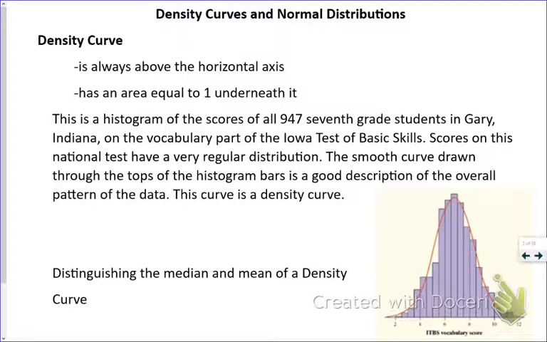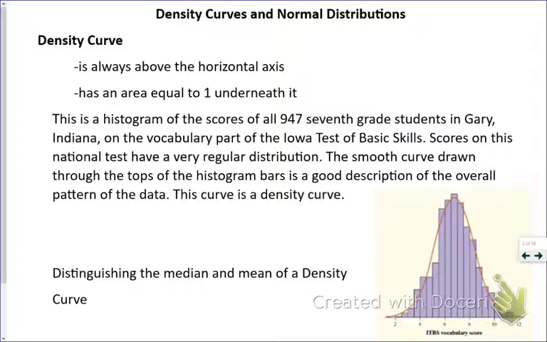Before we dive into this distribution exactly, we have a new term, and that's a density curve. That's for continuous distributions, like anything that's a form of a measurement. Whenever you graph it and you draw the line above it, like the red line in the picture at the bottom right, it's called a density curve.